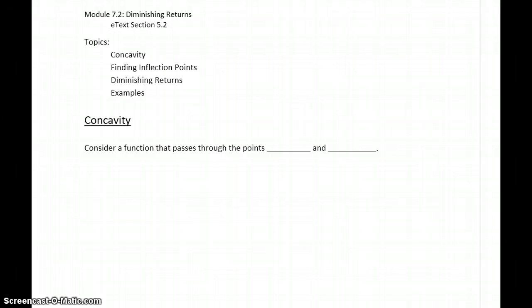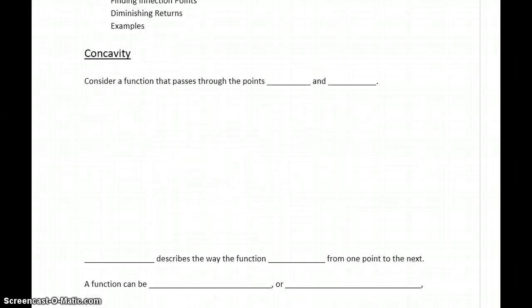So to start getting this idea across, let's consider a function that passes through the points -5, -3, and 5, 3.